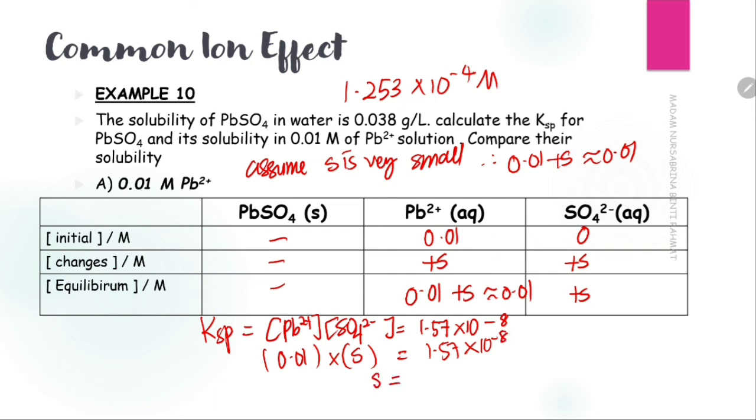My new molar solubility in this lead ion solvent is 1.57 times 10 to the power of negative 6. This was my solubility in pure water, and the new solubility in a solvent containing lead ion is 1.57 times 10 to the power of negative 6.